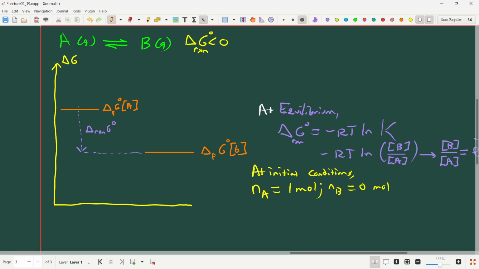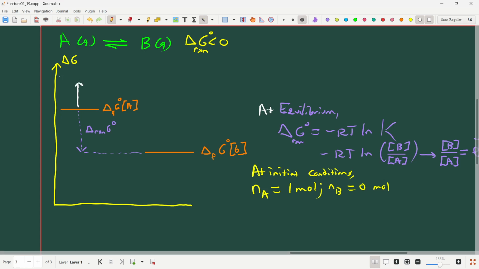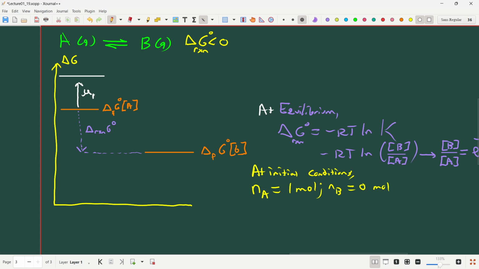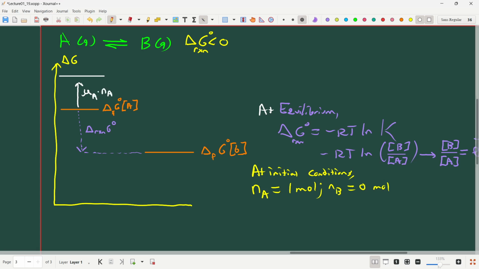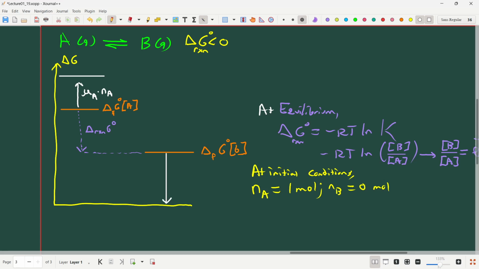So this energy for A is going to increase by some amount, which is equal to the chemical potential of A times the number of moles of A. And N of B, of course, is 0 moles, so this is 0 at initial conditions.